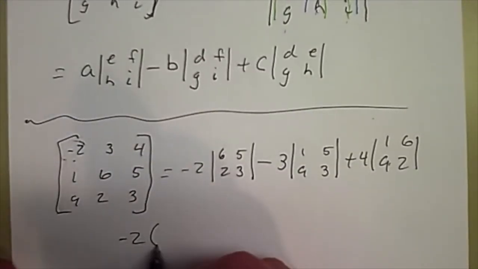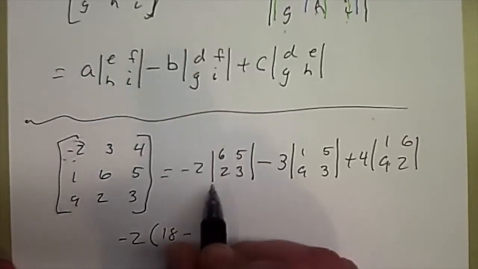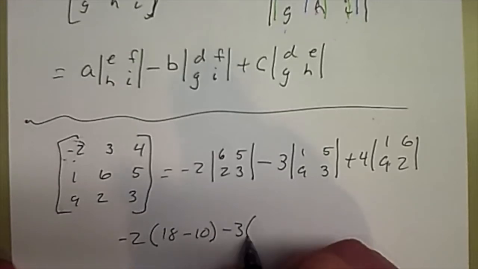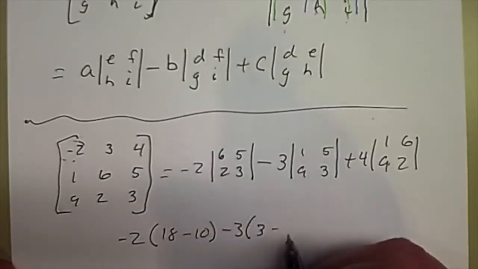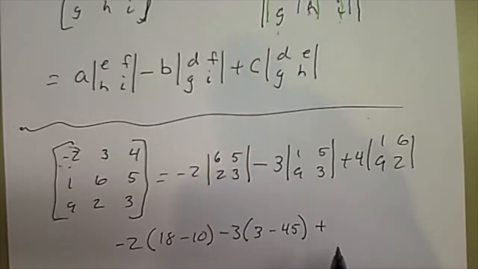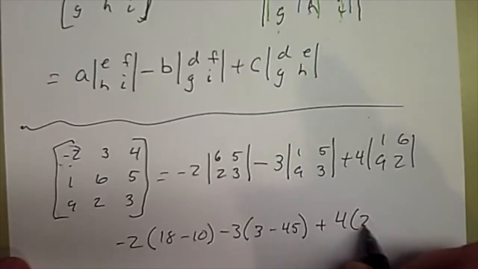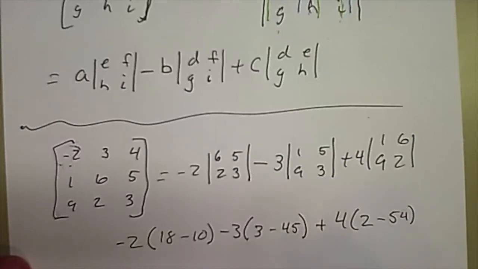All right, so then we get -2 times the determinant of this: 6 times 3 is 18, minus 2 times 5 is 10. Minus 3 times this determinant: 1 times 3 is 3, 9 times 5 is 45. Plus 4 times the determinant here: 2 minus 54.